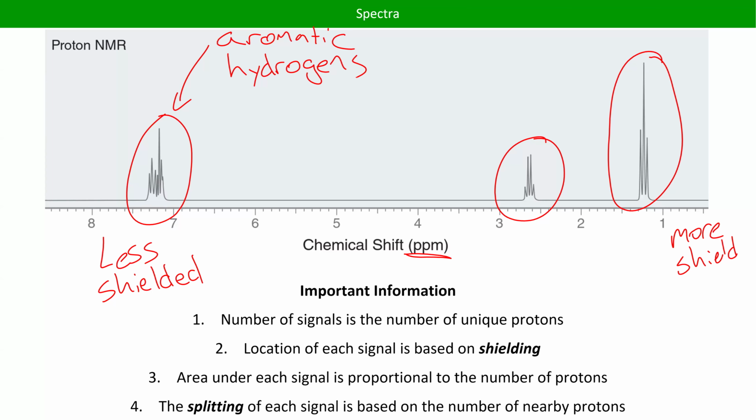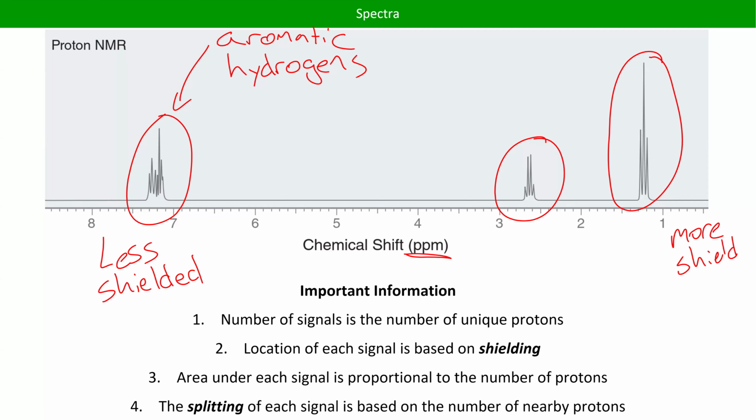But with a little bit of practice, you can start to look at this and say, okay, I don't know how many different protons there are, but the fact that it showed up around 7 means I know that there's a benzene ring. It's between 6.5 and 7.5, I believe. It's always in the same place.